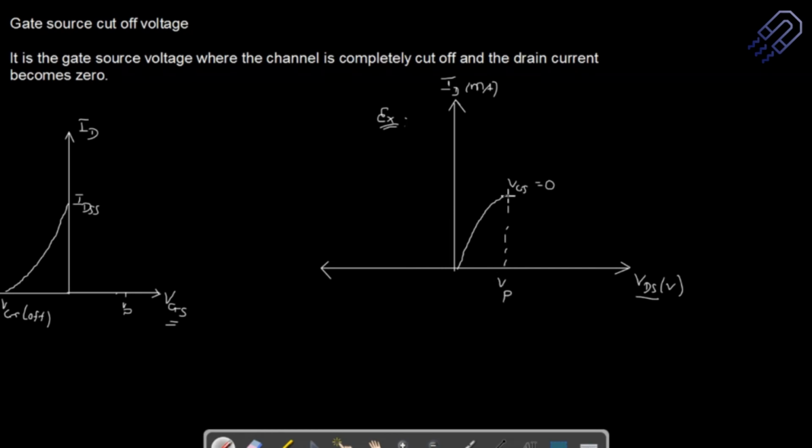On the other hand, if we keep on changing the biasing and go to negative biasing, we are going to completely cut off the current. We are not going to have any kind of current here. So the condition here is that at the gate source cutoff voltage.